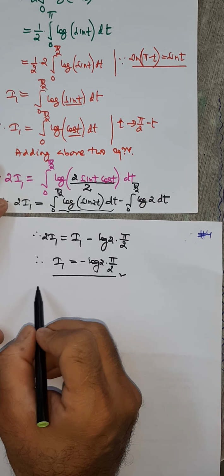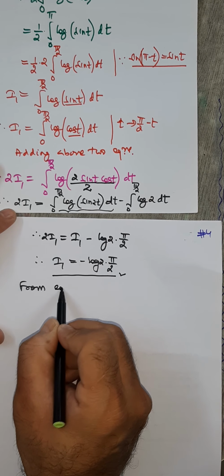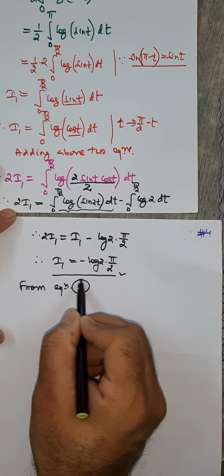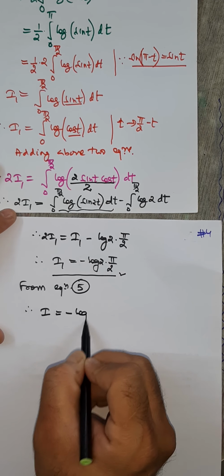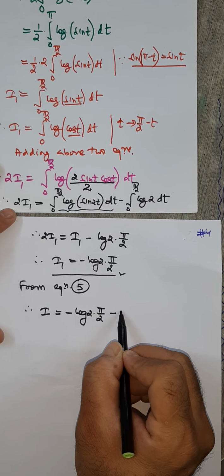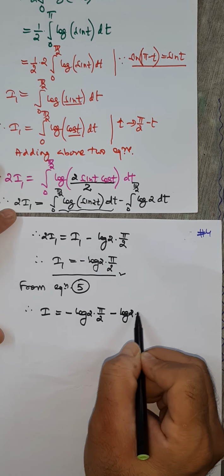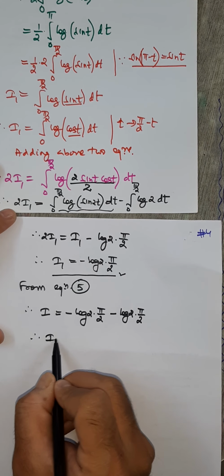Now we place this value in equation 5. So from equation 5 now, I equals to minus log 2 into pi by 2 minus log 2 into pi by 2. So these are just double here.